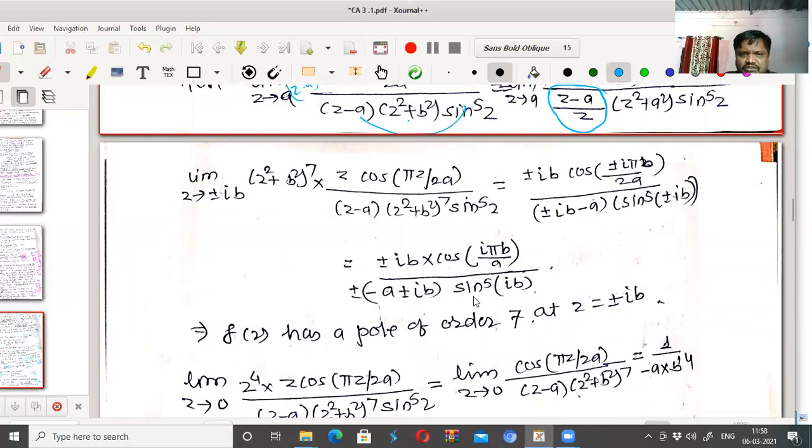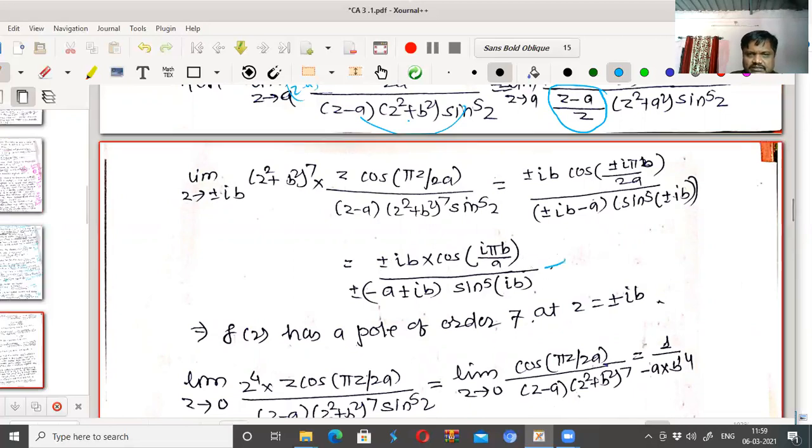Only we have put the value of z as plus or minus ib. So this is finite. Therefore, f of z has a pole of order 7 at z equal to plus or minus ib. Z equal to a is a pole of order 1.